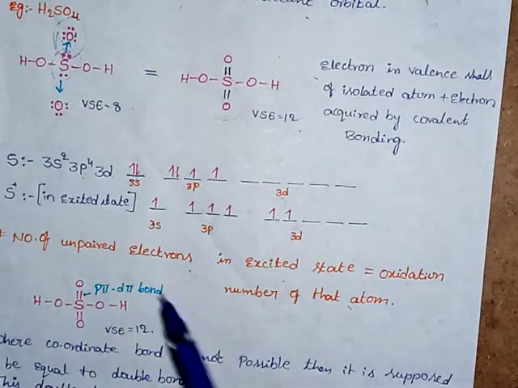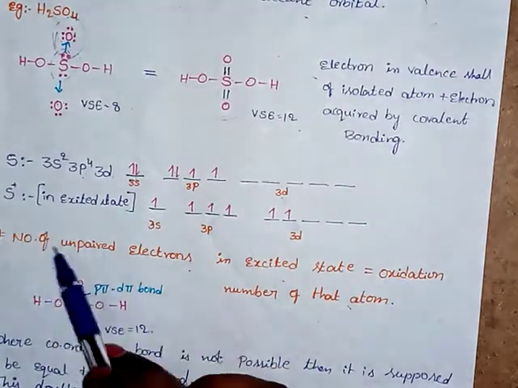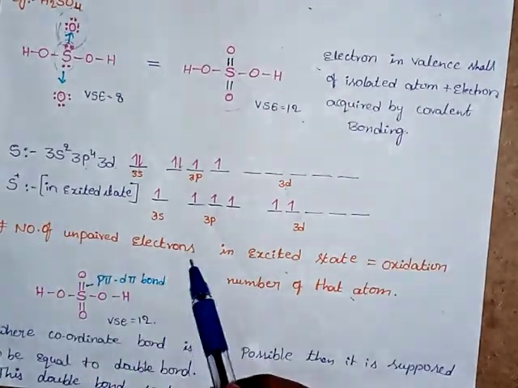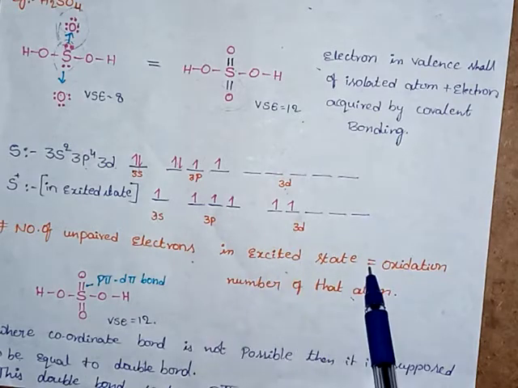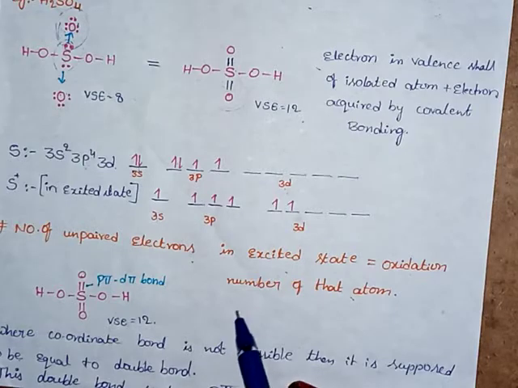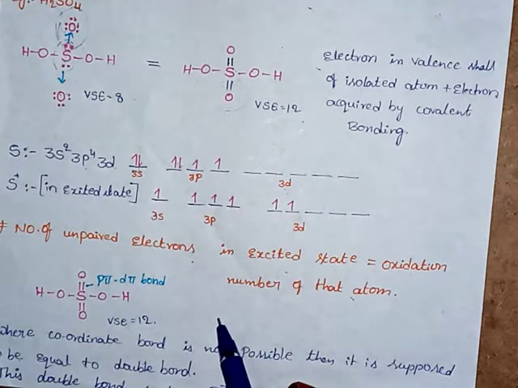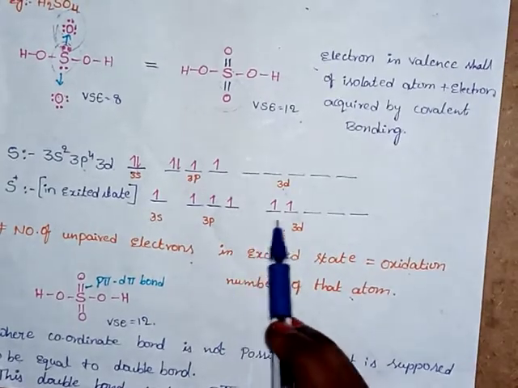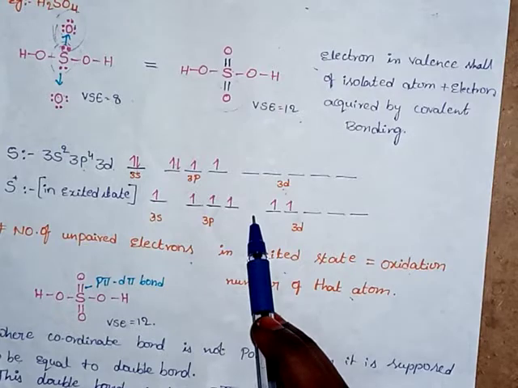This is a simple way to represent the oxidation state. That's why the number of unpaired electrons in the excited state equals the oxidation number of that atom. The unpaired electrons decide the oxidation states of any atom.